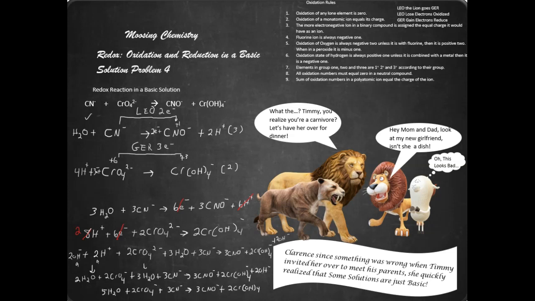That needs a minus sign. Plus 2OH negative, and that's it. And our equation is balanced.